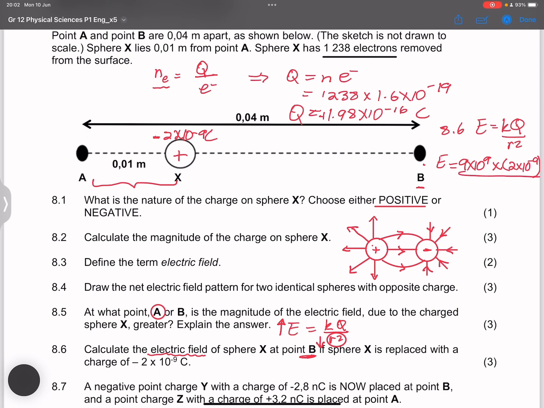That tells us the direction of the field, but we don't need to substitute it into the calculation. Divided by r squared, the distance between X and point B would be 0.04 minus 0.01, so that is 0.03 squared.